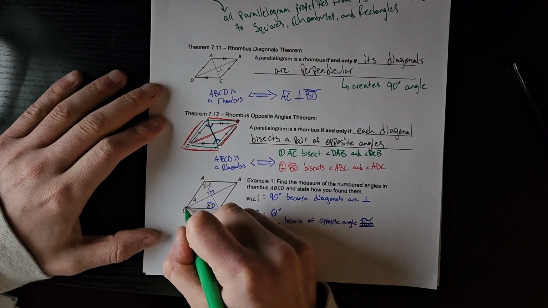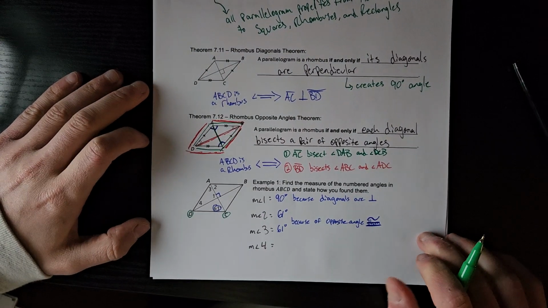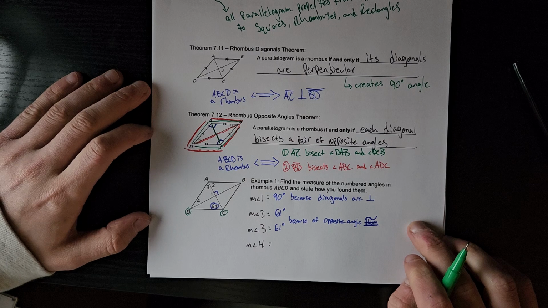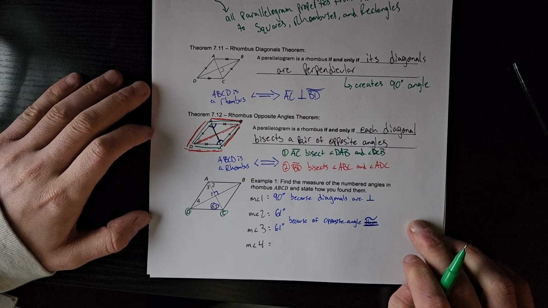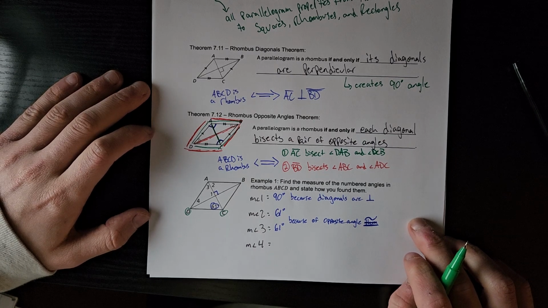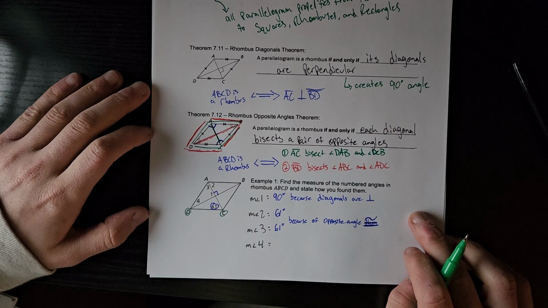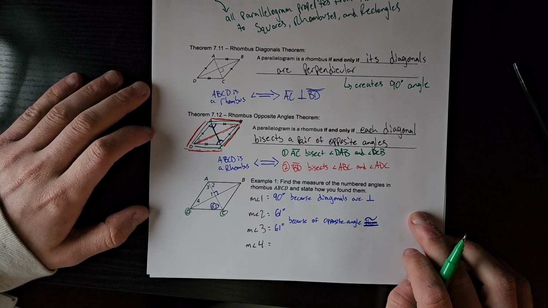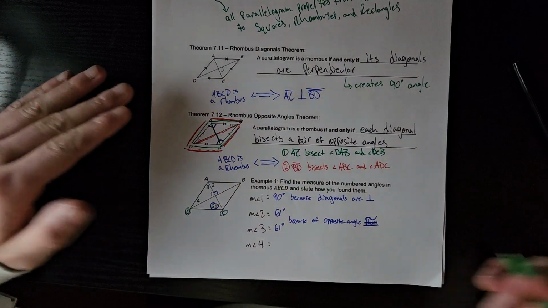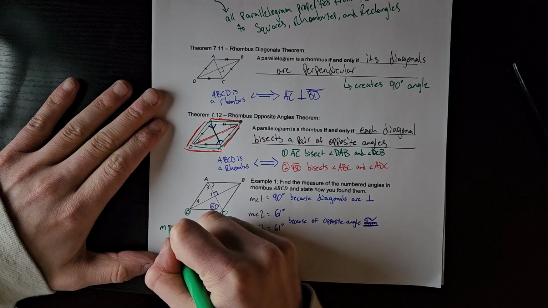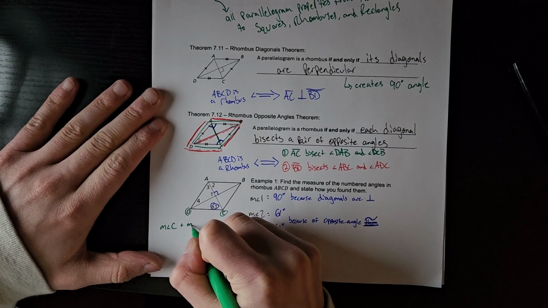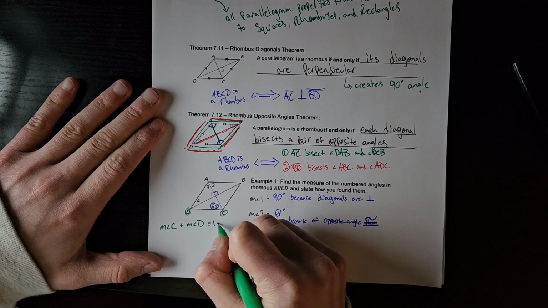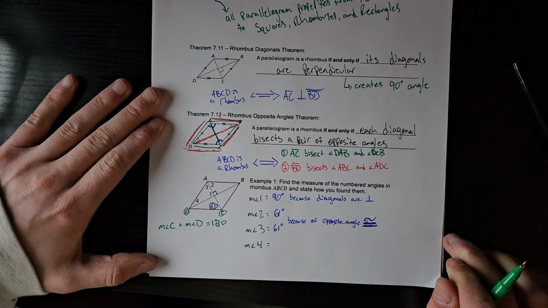I'm going to take angle C and D. And I know that these are consecutive interior angles because this is still a parallelogram, and all the properties of a parallelogram still apply. So that means the measurement of angle C plus the measurement of angle D is going to equal 180 degrees.